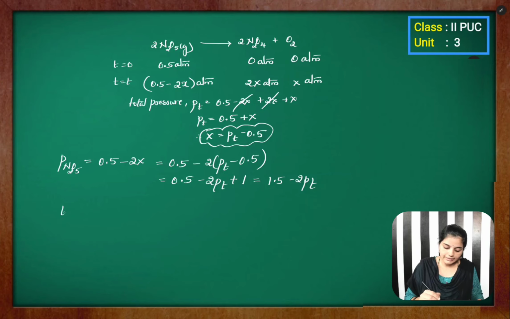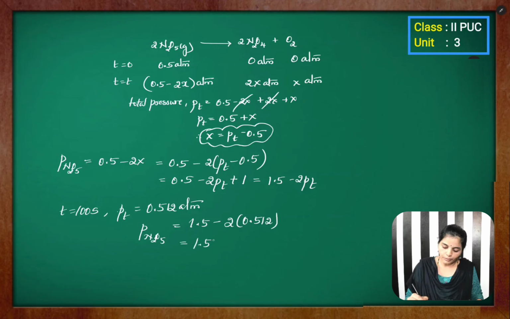Now at t is equal to 100 seconds, they have given that the total pressure is 0.512 atmosphere. This is given in the question. So at t is equal to 100 seconds, pressure of N2O5 is equal to 1.5 minus 2 into the total pressure 0.512, which is 1.5 minus 1.024.